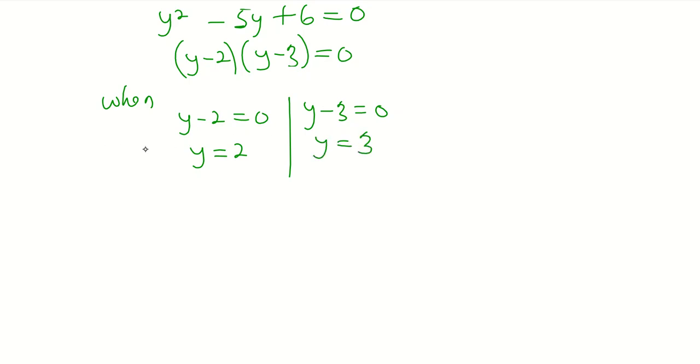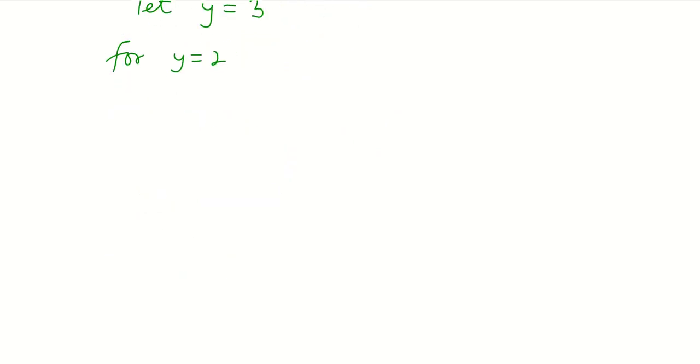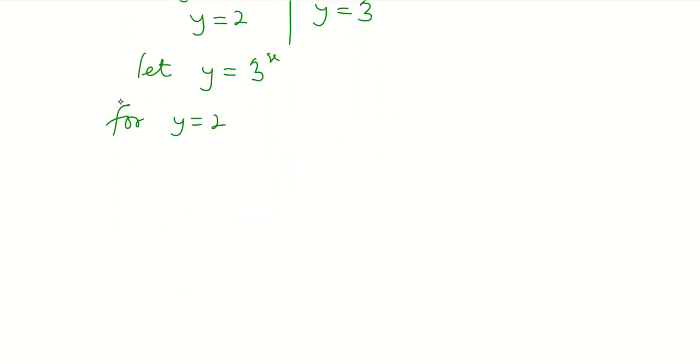So remember that we said we should let y be equal to 3 exponent x. So if that happens, then for y equal to 2, our equation now becomes 2, which is equal to 3 exponent x.